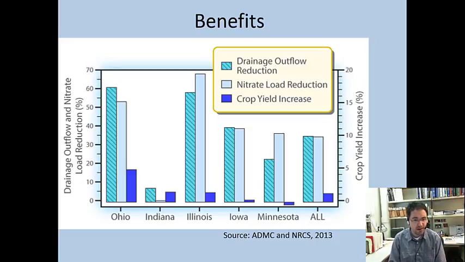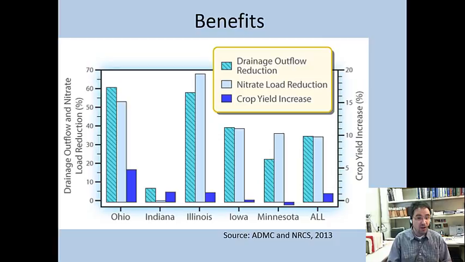And what we see is kind of a range in drainage outflow reduction of maybe slightly under 10% in Indiana, all the way up to a high of 60% in Ohio. So on average, we're seeing about 35% reduction in the volume of water on an annualized basis coming out of that drain.